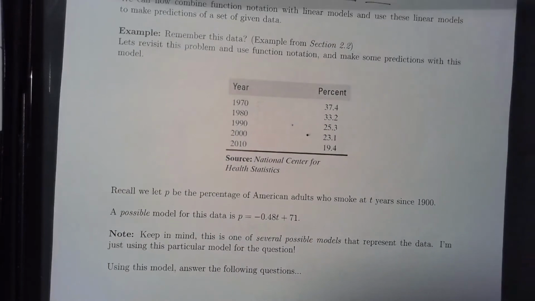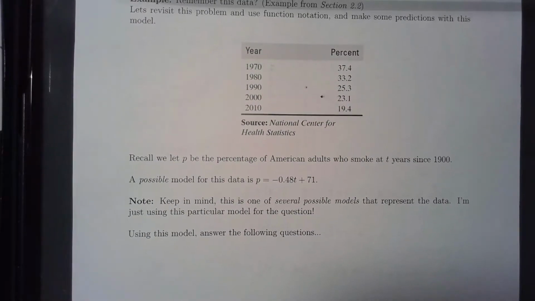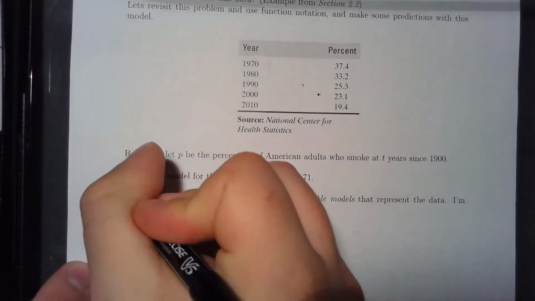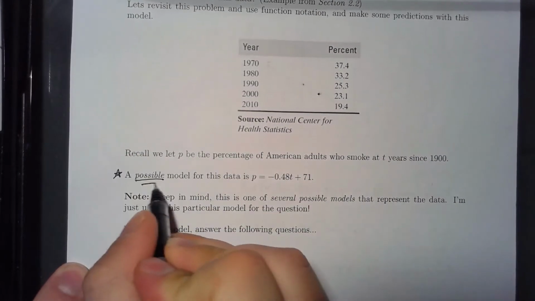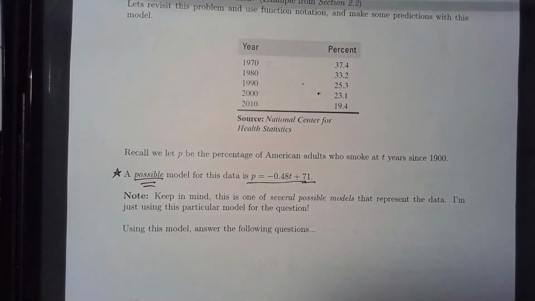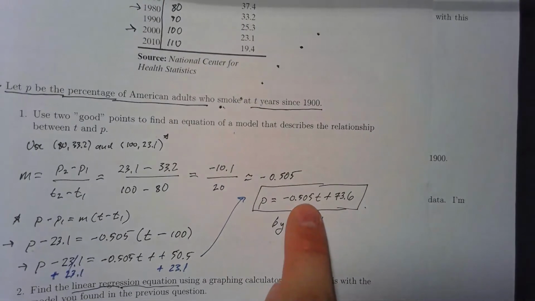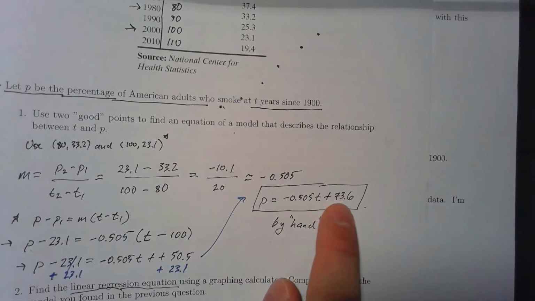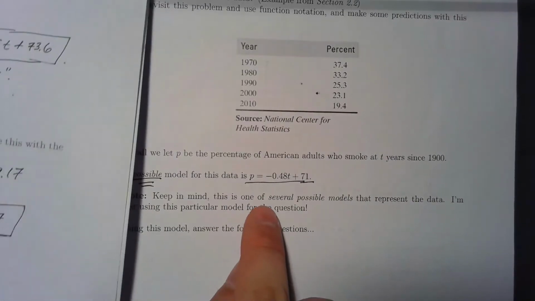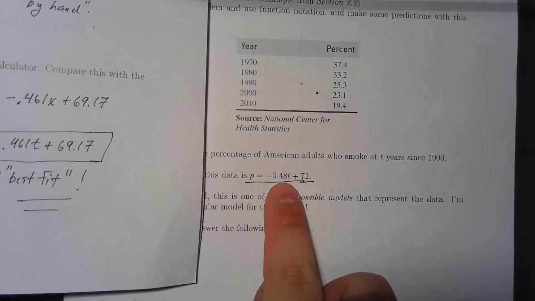Someone took that data that we looked at in the previous section, and they said a possible model for this data is right here. Now, when we did this ourselves, remember? This is the model we got by hand, the linear regression equation, which is the best. But someone said we're going to use this model.